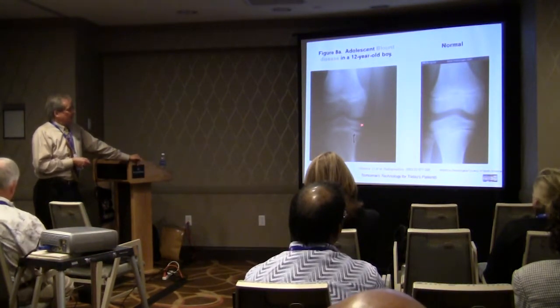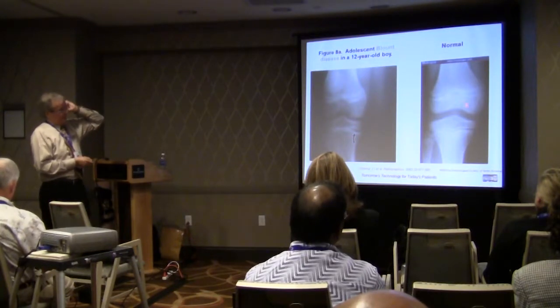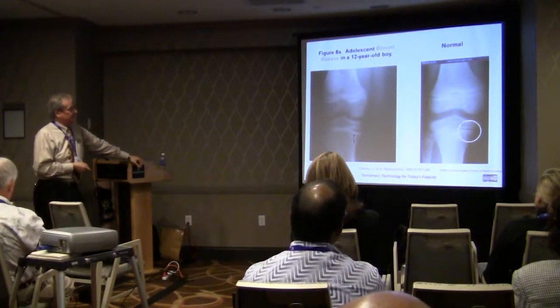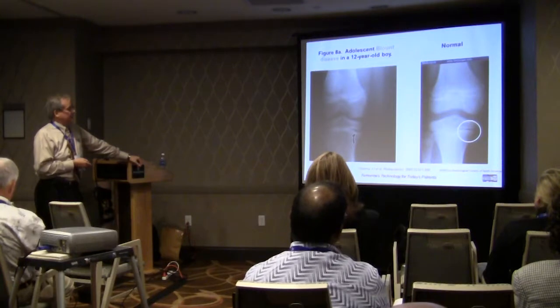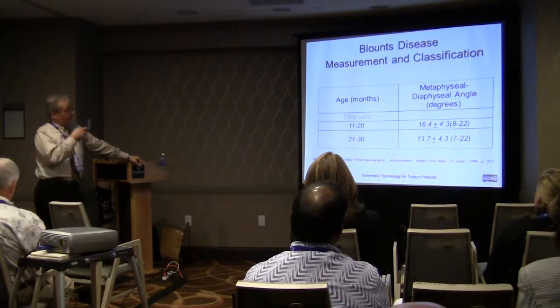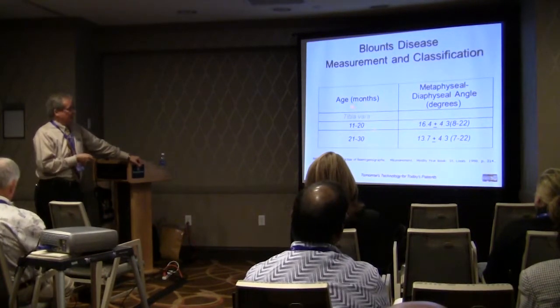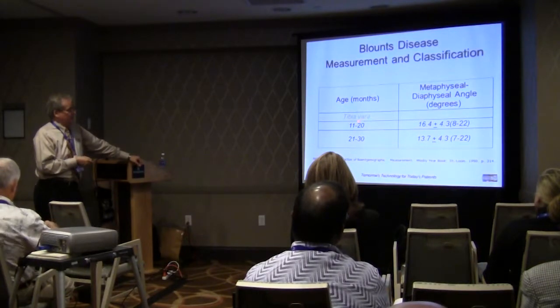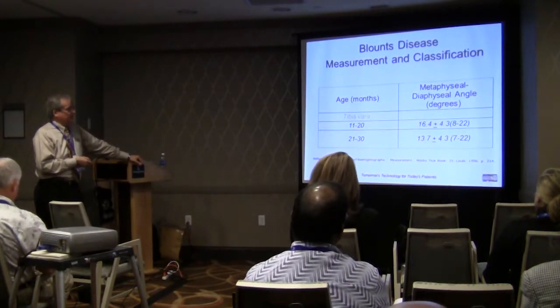Here's a 12-year-old with adolescent Blount's. That's the growth plate. The epiphysis is disrupted, compared to the normal. And then here are the markers and classifications in regard to the age of the patient: tibia vara, Blount's disease, 11 to 20 months, 21 to 30 months.